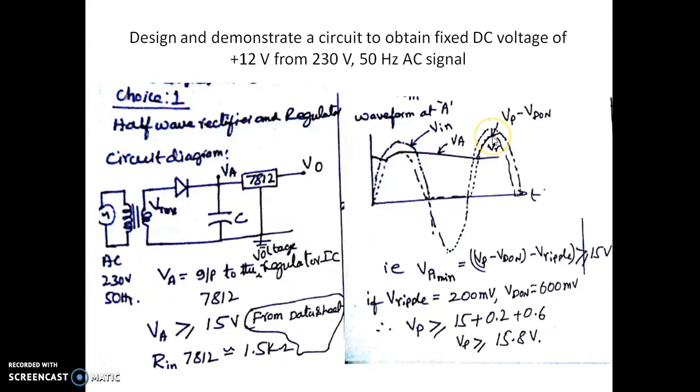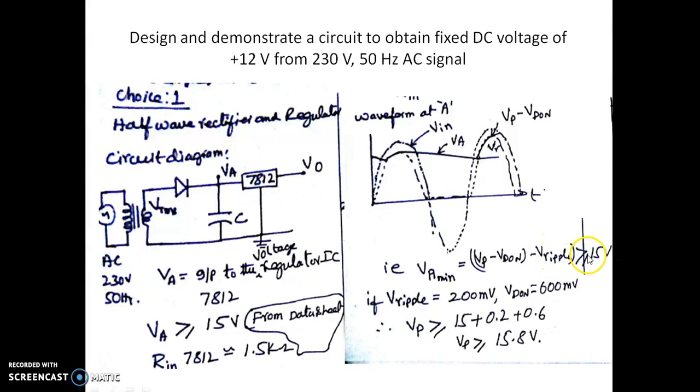So the peak of the output voltage at VA minus the minimum voltage at VA is nothing but the ripple voltage. We can estimate VA minimum as Vp minus Vd on minus V ripple. The minimum voltage at the input of the regulator should be greater than 15 volt.